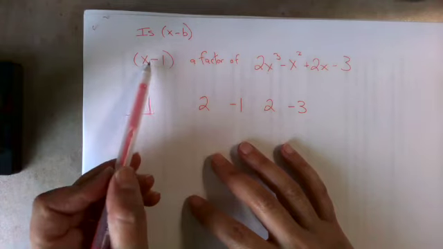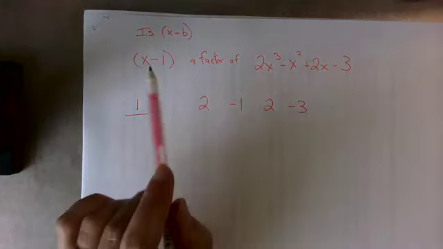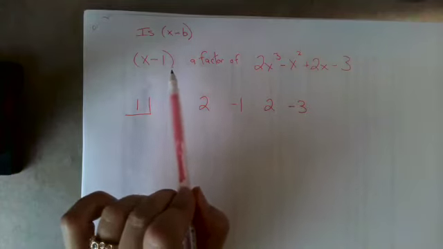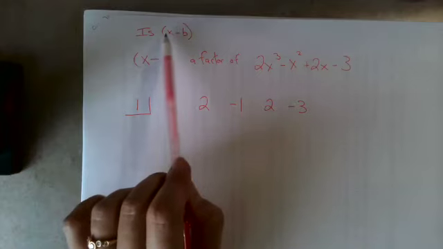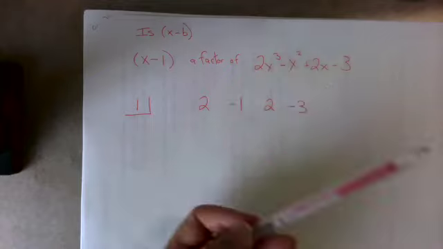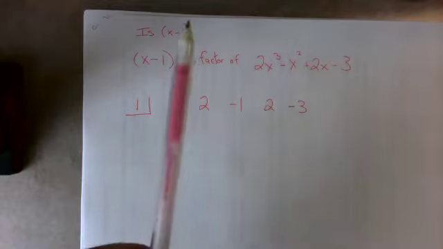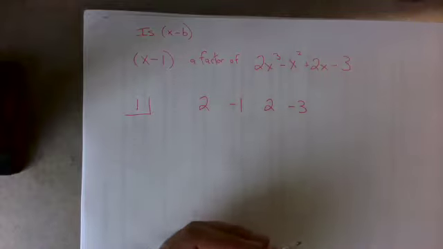So if this says x minus 1, what goes in here is 1. If this had said x plus 1, then the b that would make x minus b look like x plus 1 would be negative 1. It would be x minus minus 1. And again, we can do another example like that.